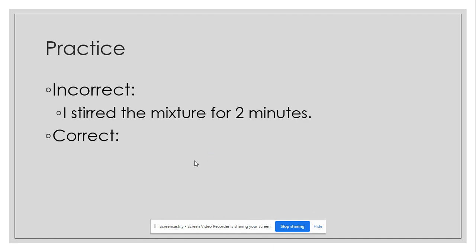Okay, another practice. The incorrect way of stating this is, I stirred the mixture for 2 minutes. I want you to try pausing this and then unpausing it and see how you did. Here, hopefully you said the mixture was stirred for 2 minutes. Again, notice was is in there.